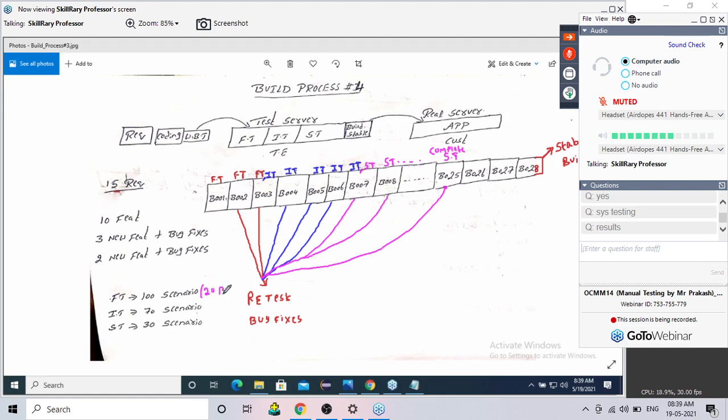Totally, I found some 150 bugs, but out of 150 bugs, 20 bugs are left out. I'm only writing LO. 20 bugs are left out even after all the 100 scenarios are tested. But totally some 200 bugs were found. When will the developer fix these 20 bugs?